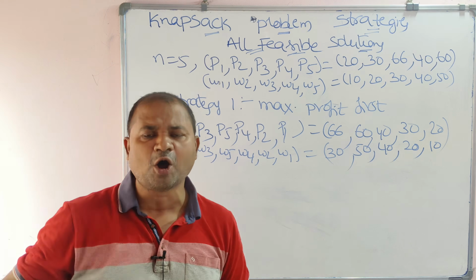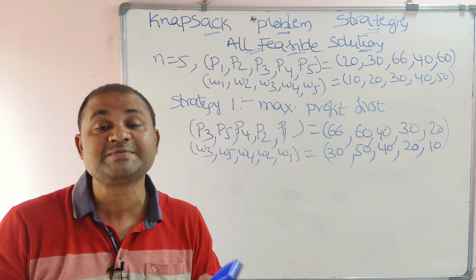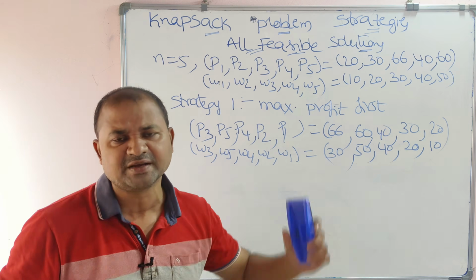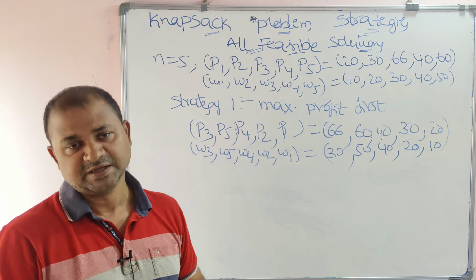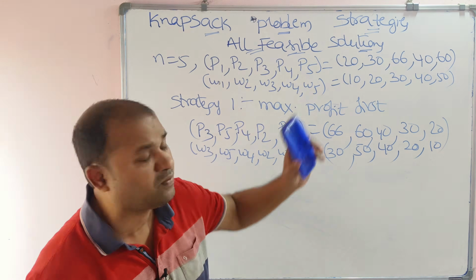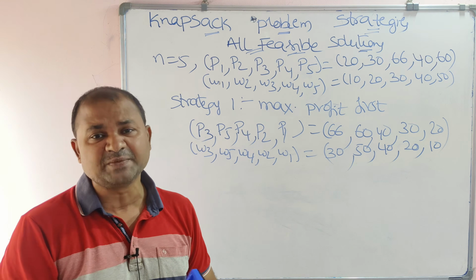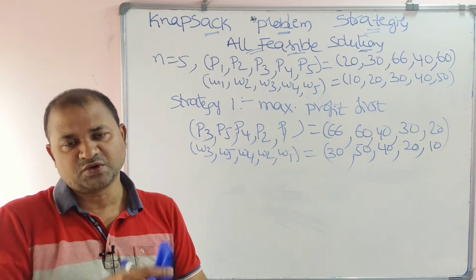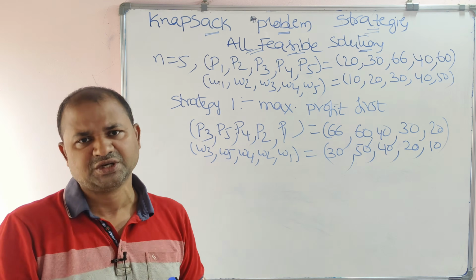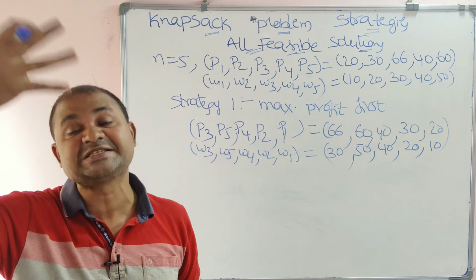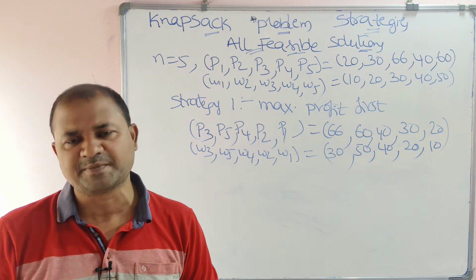We have to place the objects in the knapsack with some profit. In order to solve this problem we have three feasible solutions. Whereas an optimal solution means the best solution. Out of all the solutions, the solution which has maximum profit is the optimal solution.